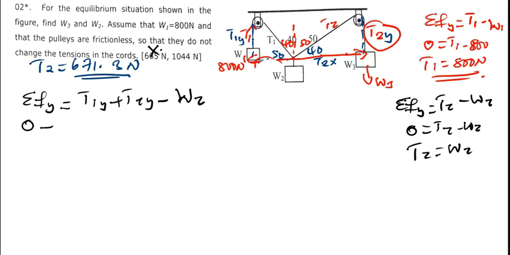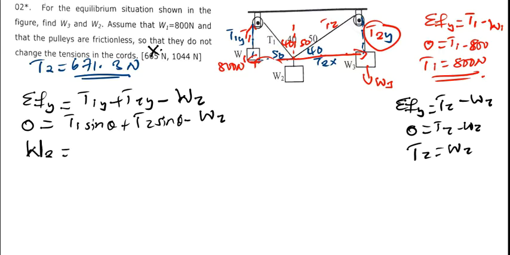Replace this with 0. T1 sine theta plus T2 sine theta minus W2, because we want to find W2. Shift W2 to the other side.